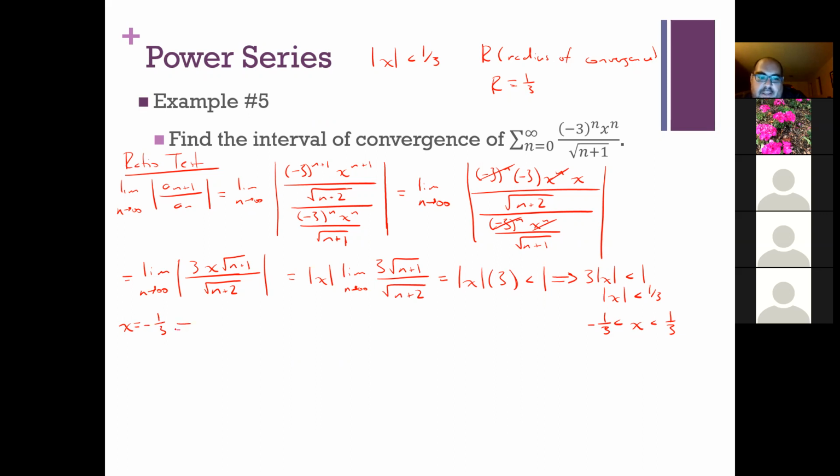If x is equal to -1/3, then the series I care about is -3 to the n times -1/3 to the n over radical n plus 1.